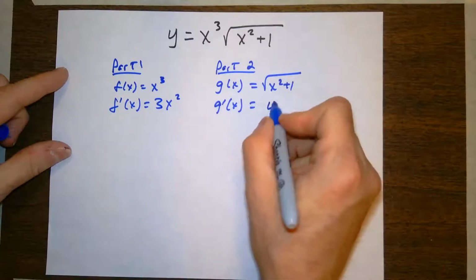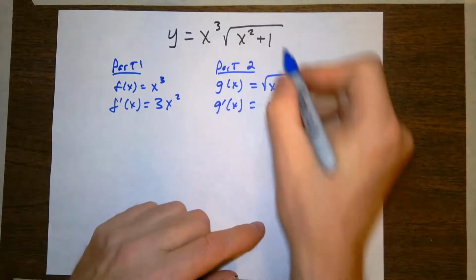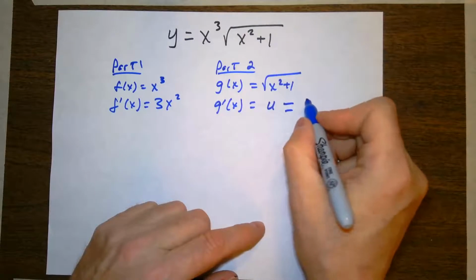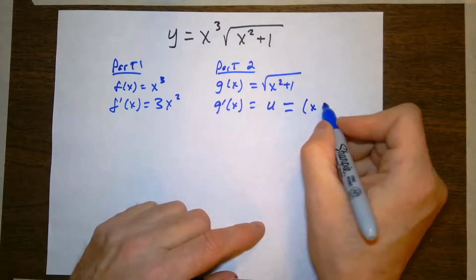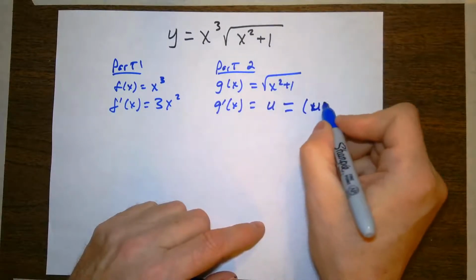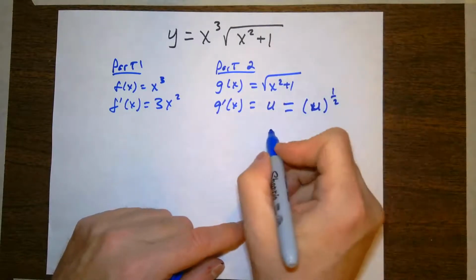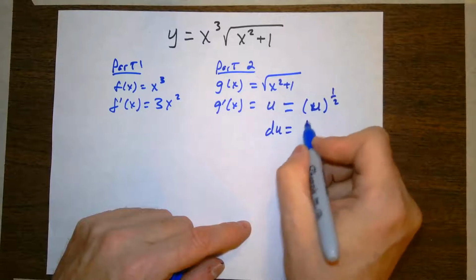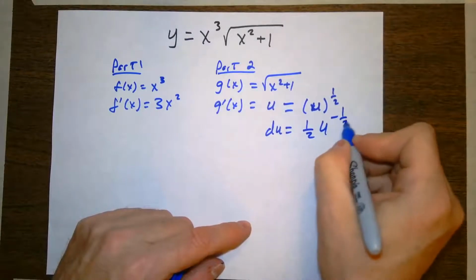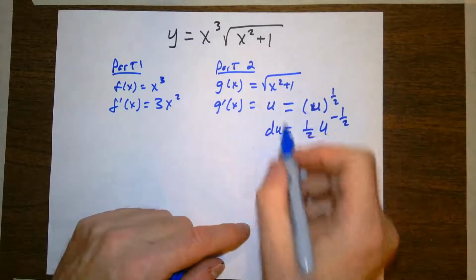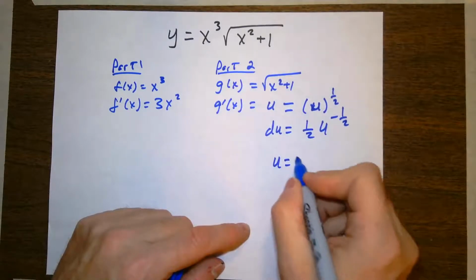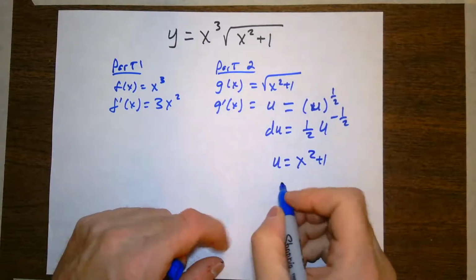I'm going to call it u, and the outside part of this is going to be u to the 1/2 power, right? Square root. And of course, the derivative of the outside bit is 1/2 u to the negative 1/2. The inside function is going to be the x squared plus 1.